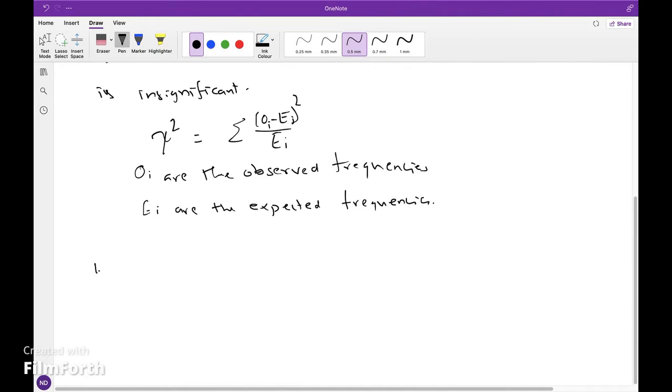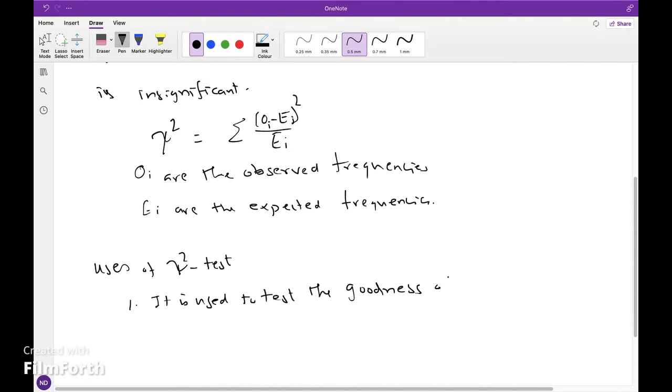Uses of the chi-square test. Number one, it is used to test the goodness of fit of a distribution.